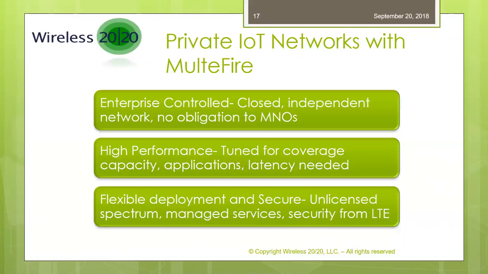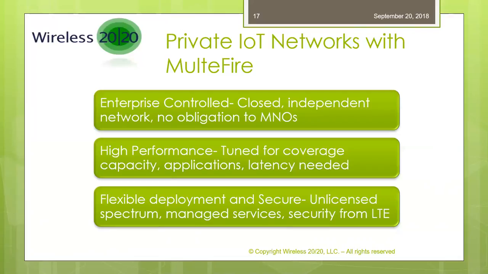It's high performance, it's tuned for coverage, capacity and applications, and it has the latency built into it. Most people are quite familiar with that because of their experience with LTE. So this capability to deploy an LTE-like network in unlicensed spectrum still brings us all of these performance benefits.